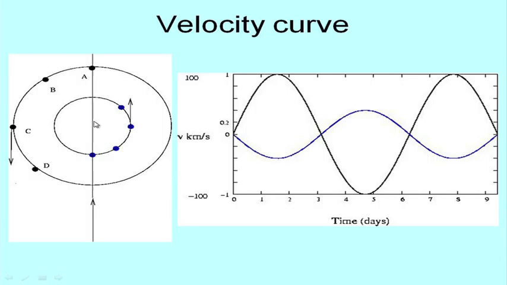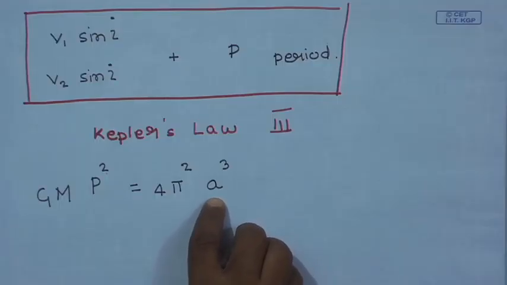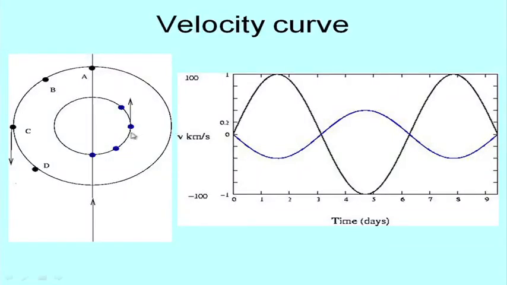And I should remind you that the a over here is the radius of the circle swept out by the separation vector joining these two.